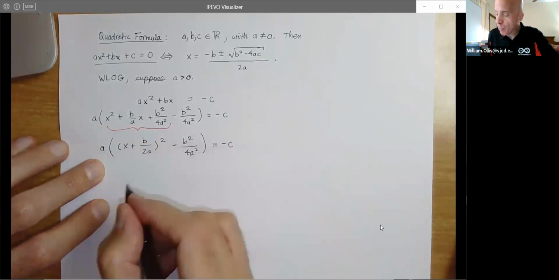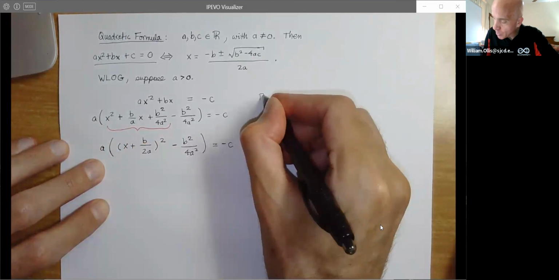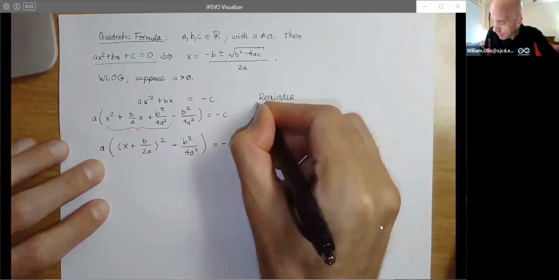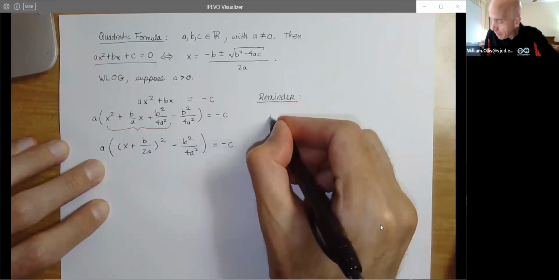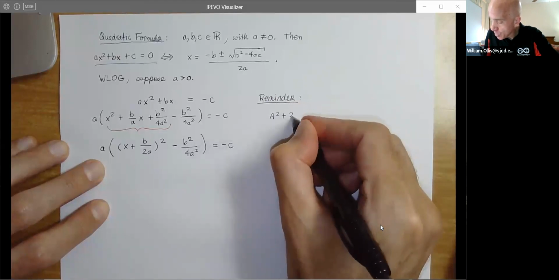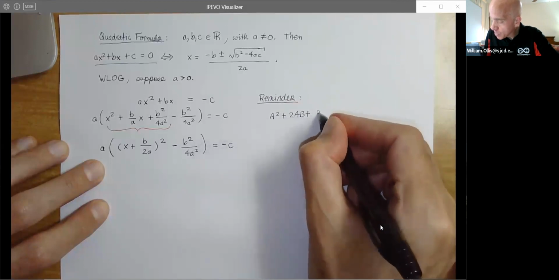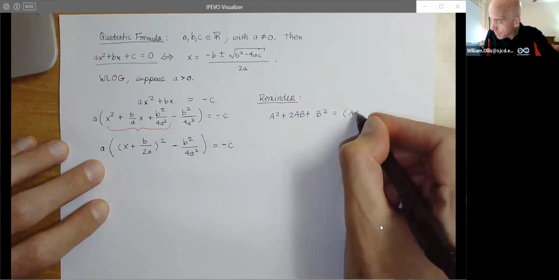So again, when we think about the perfect square, just as a reminder, we had the formula A squared plus 2AB plus B squared equals A plus B squared.